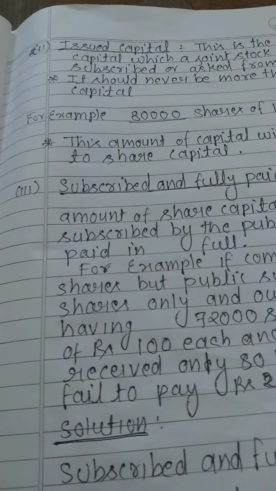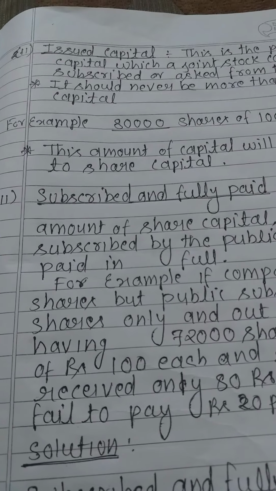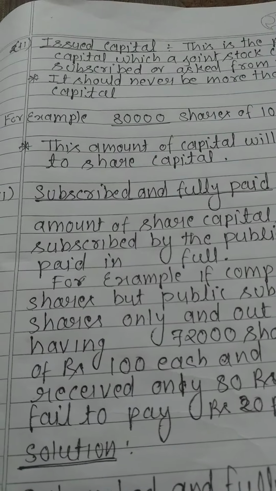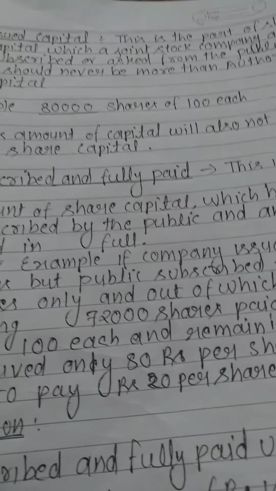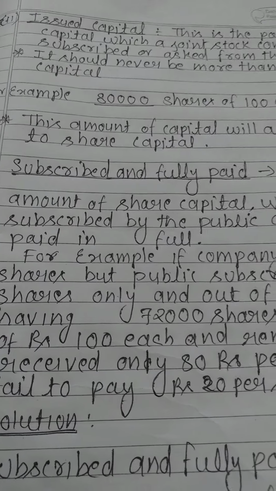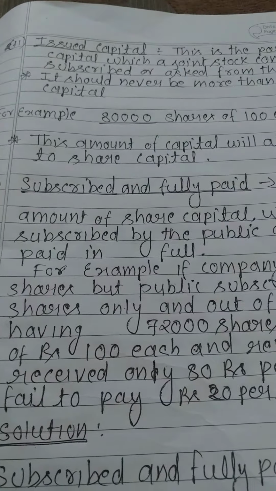Now come to the third part of share capital, that is subscribed and fully paid up. This is the amount of share capital which has been subscribed by the public and the amount paid in full.